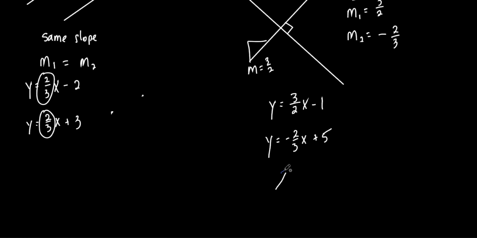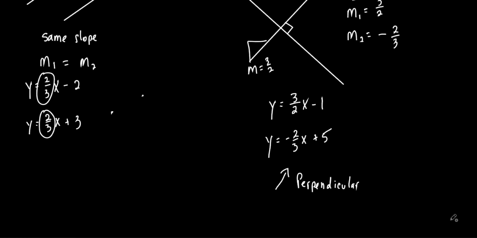What can I say about these two lines? They're negative reciprocals. They're perpendicular. That's right. Okay, so the two lines are perpendicular. All right? We actually learned that before. For some of you guys, you're like, man, I've never seen this in my life. But we have. Look back on it.